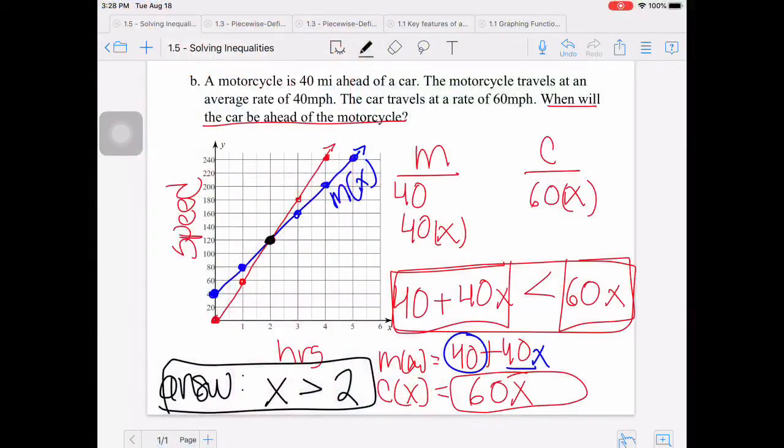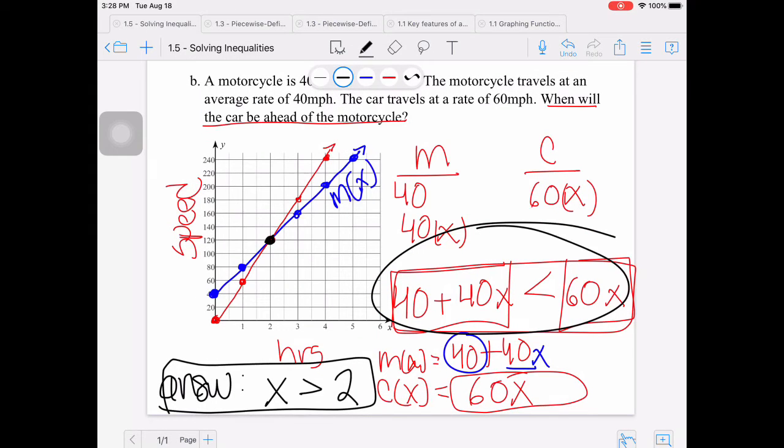Super quick video. I'm going to show you how to do this on the calculator. So if you remember from the previous example, we created two equations. We actually created the inequality first, and then we separated those into two equations, which are m of x and c of x.